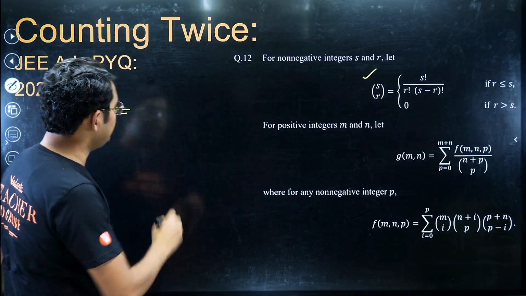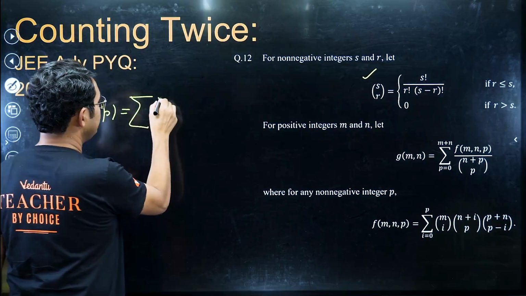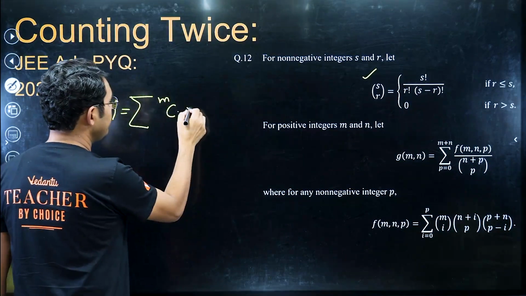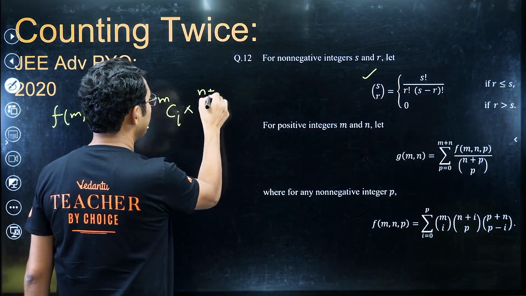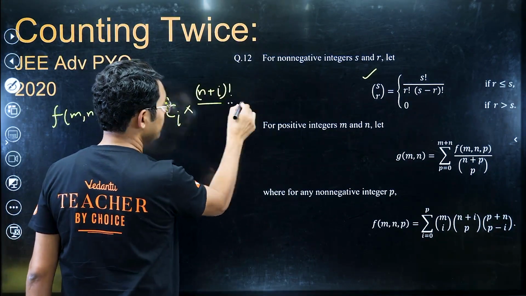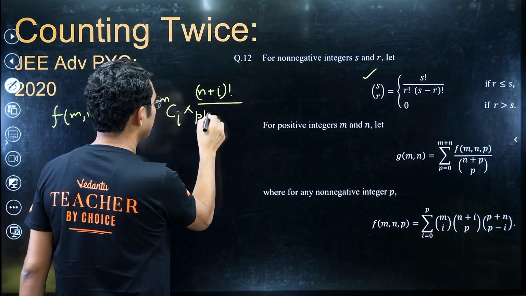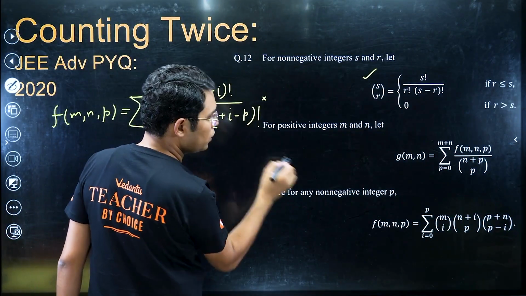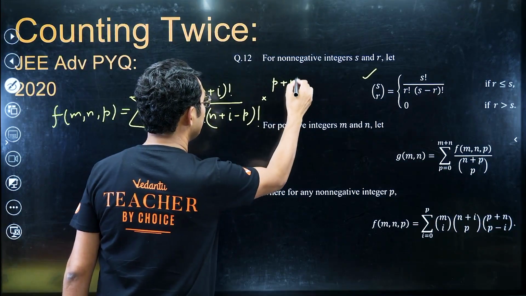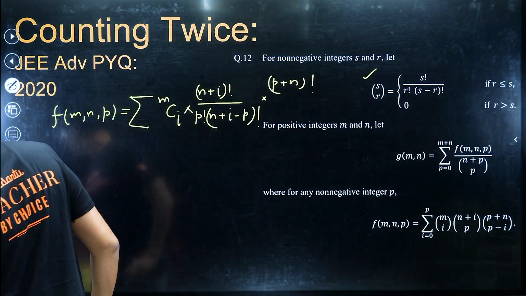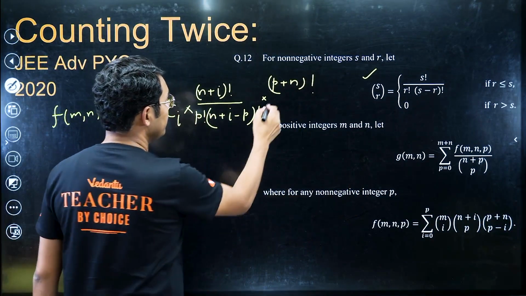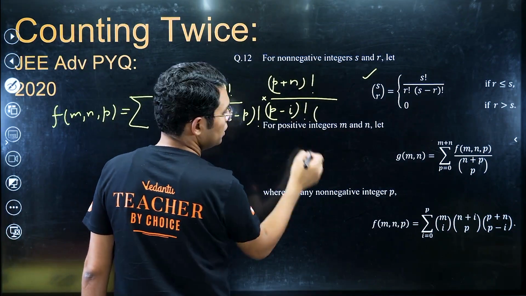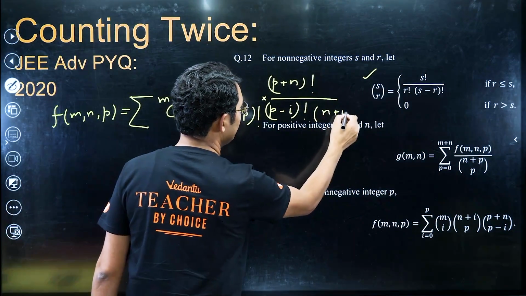Okay, in this case we are given the summation. In this mCi, you don't have to do anything for this. For the other term, if you expand, it will become (n plus i) factorial upon p factorial into (n plus i minus p) factorial into (p plus n) factorial divided by (p minus i) factorial into (n plus i) factorial.